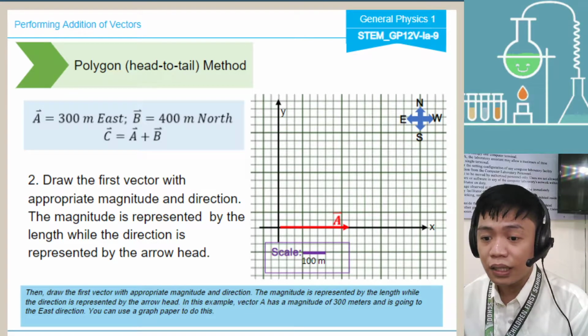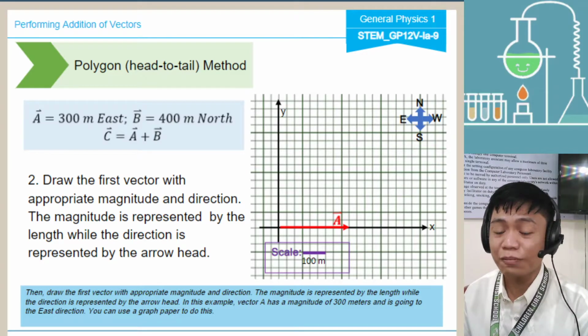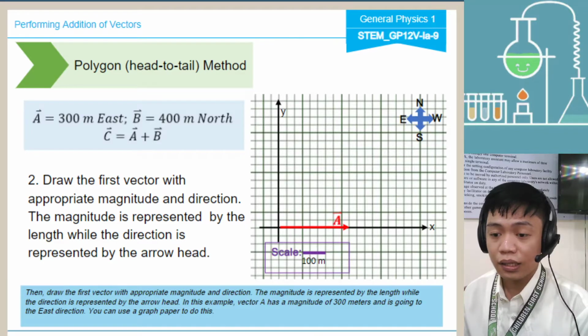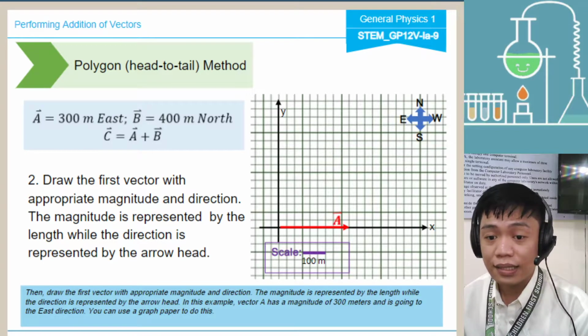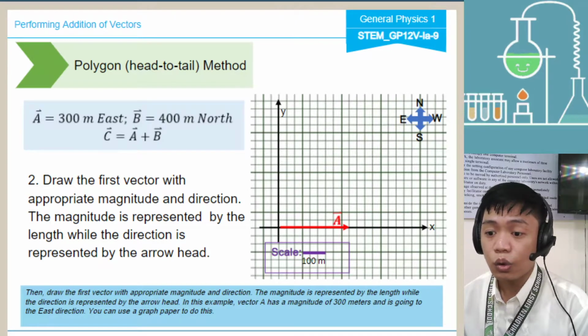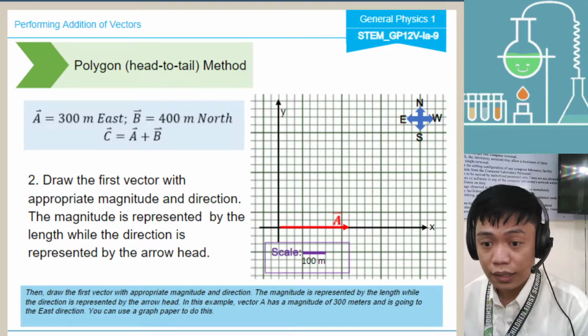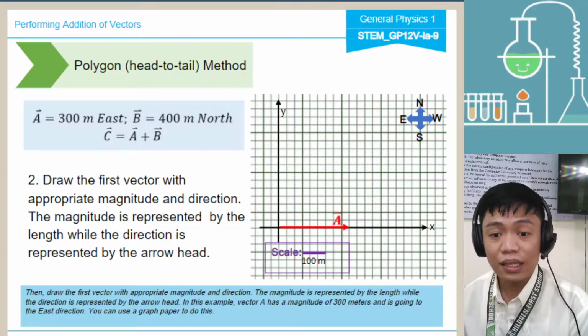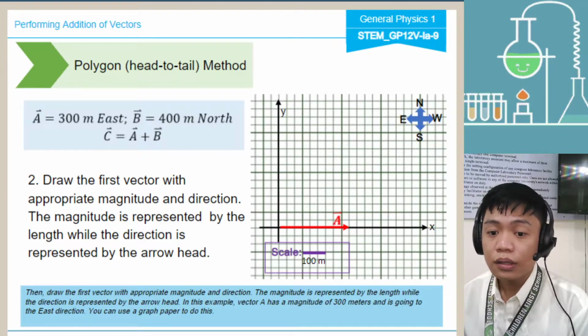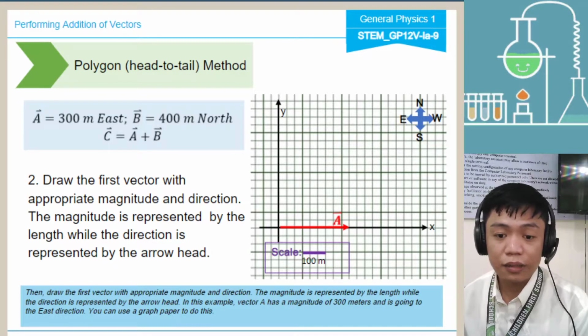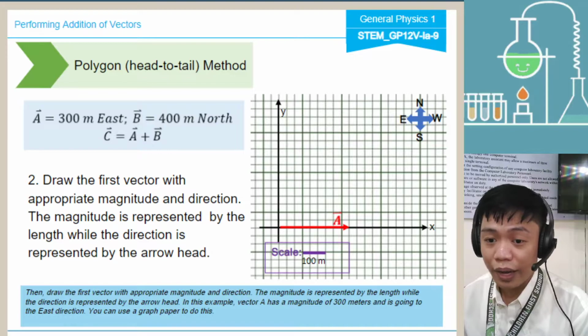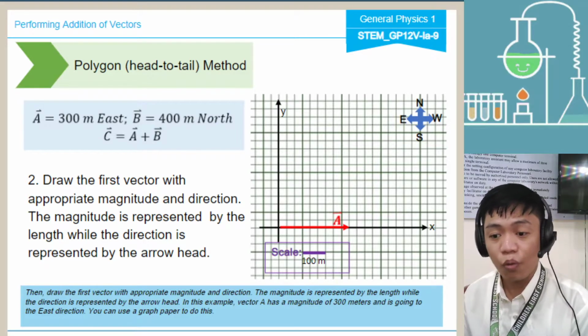So let's plot it in our Cartesian coordinate plane. As you can see, it follows the x-axis because the x-axis goes to the east. Take note, class, that the magnitude is represented by the length while the direction is represented by the arrowhead, and that was discussed before.